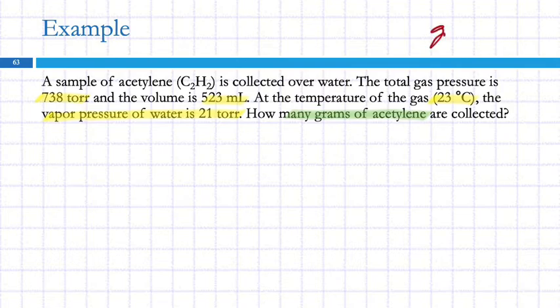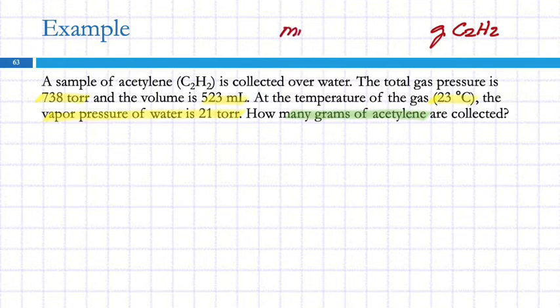So we're trying to get grams of C2H2, and they just gave us all this gas information. What can we calculate from the ideal gas law? Moles of gas, right?